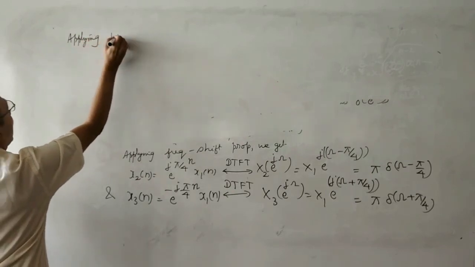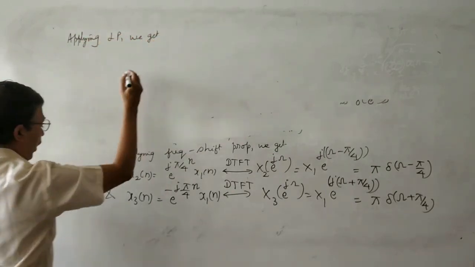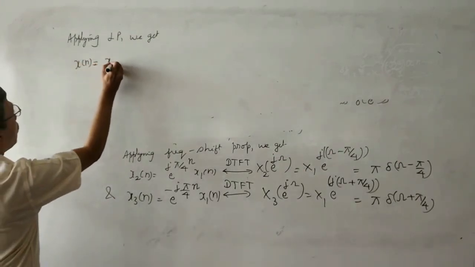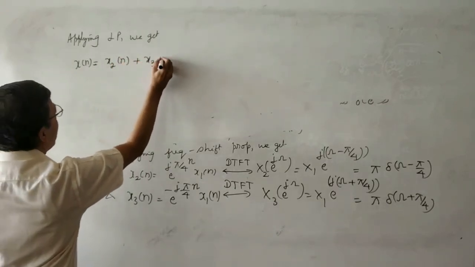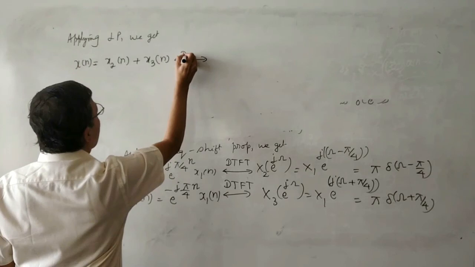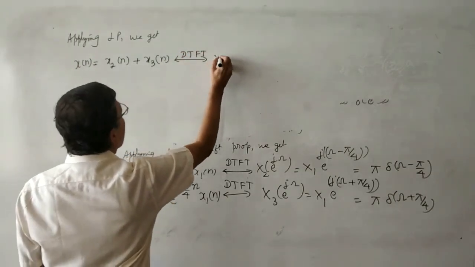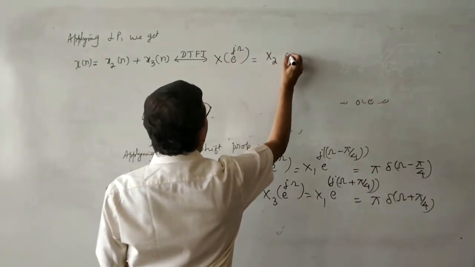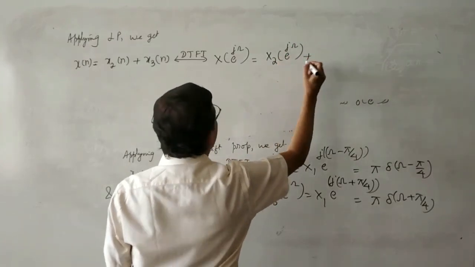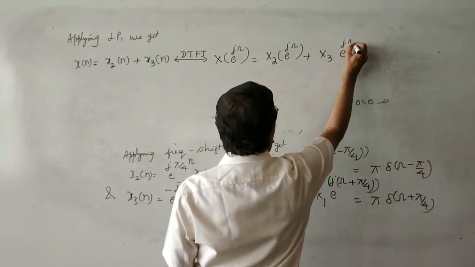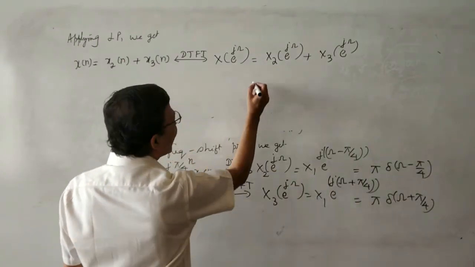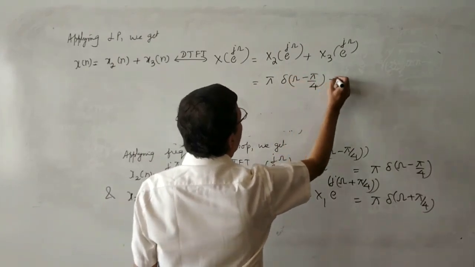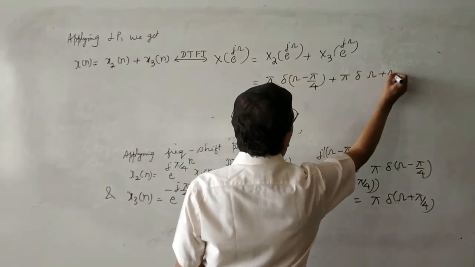Applying linearity property, what is x of n? x of n equals x2 of n plus x3 of n, which will have a discrete time Fourier transform x of e power j omega equal to x2 of e power j omega plus x3 of e power j omega. That gives us pi into delta of omega minus pi by 4 plus pi into delta of omega plus pi by 4.